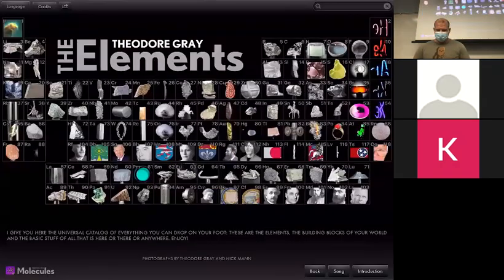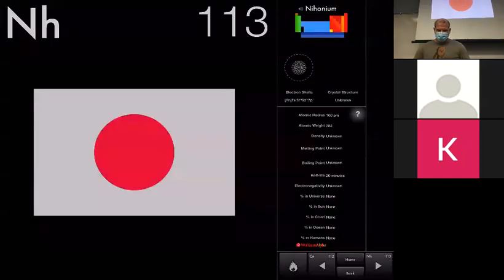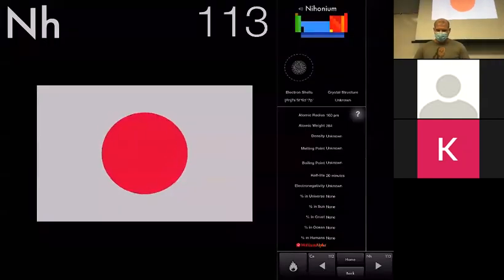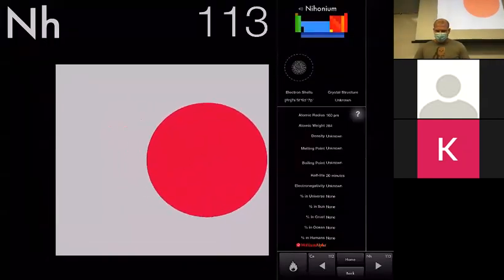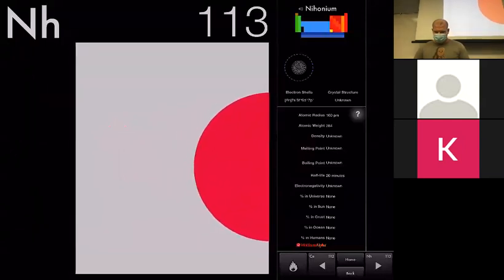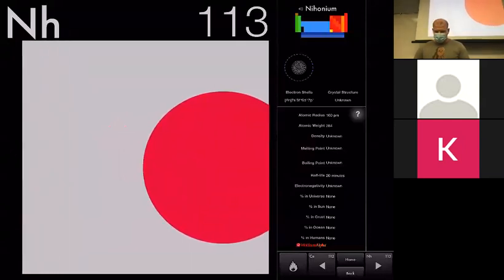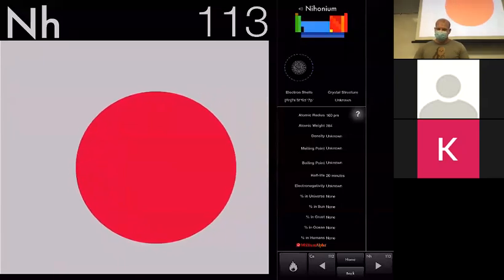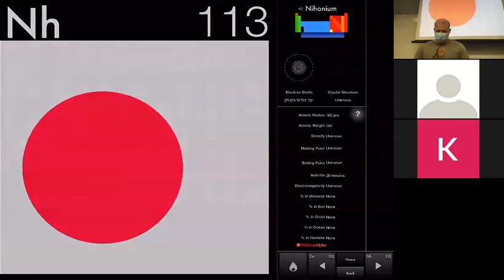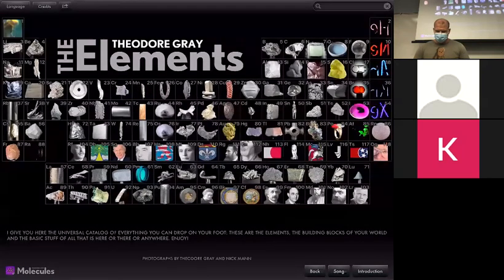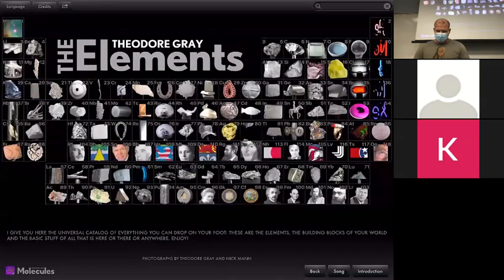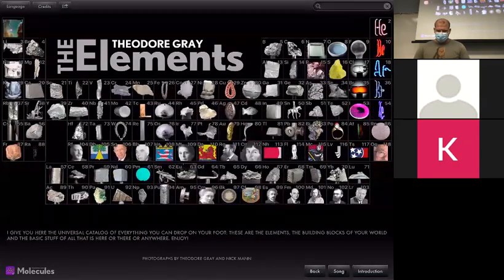But when you start getting to nihonium here, the half-life is 20 minutes. And that's only on Earth. It'll be that anywhere.